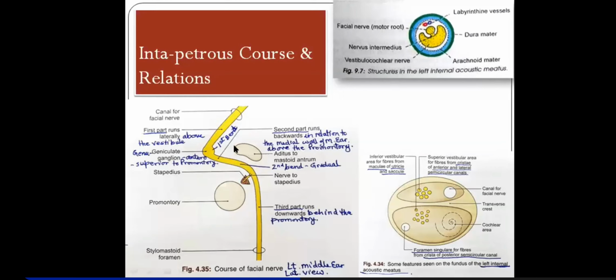So the facial nerve in its second part crosses between the promontory and the aditus to the mastoid antrum. Got it? And at the beginning of the third portion, it gives its branch to the stapedius muscle. Remember, it is also derived from the second branchial arch. Okay, so that was about the intrapetrous course.